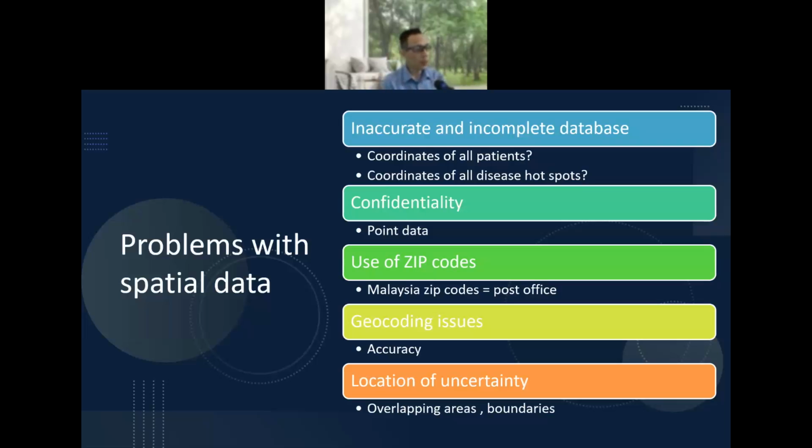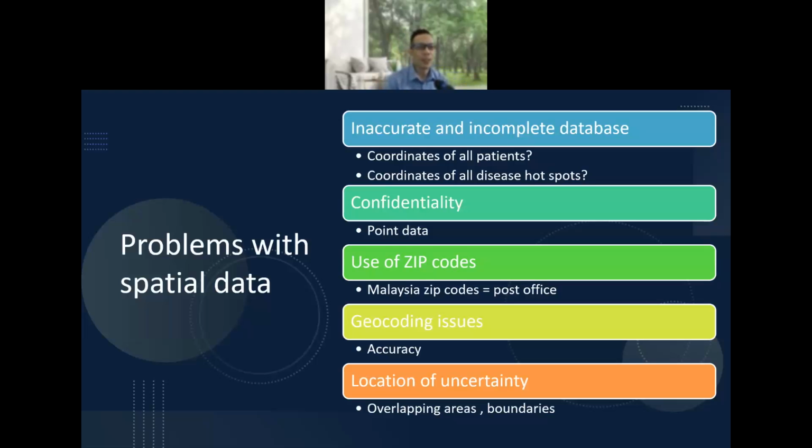Sometimes they go to the location and very quickly just take the location, and because of that the location is less accurate. So in some cases the locations fall outside the area. Sometimes they fall into the Thailand area, sometimes they fall into the sea.